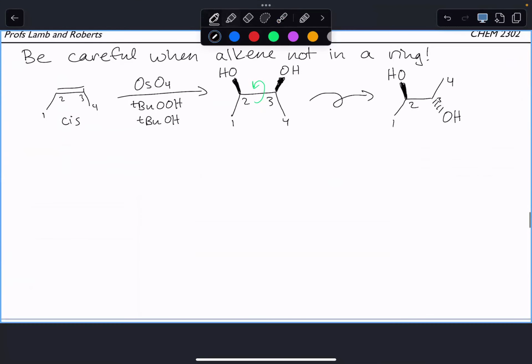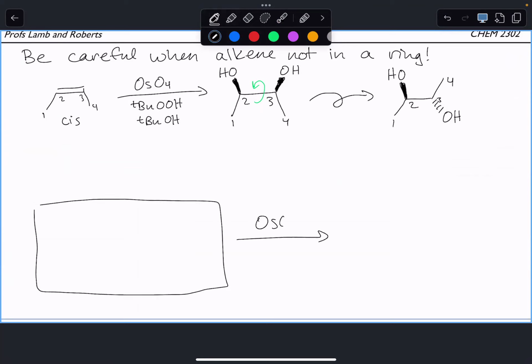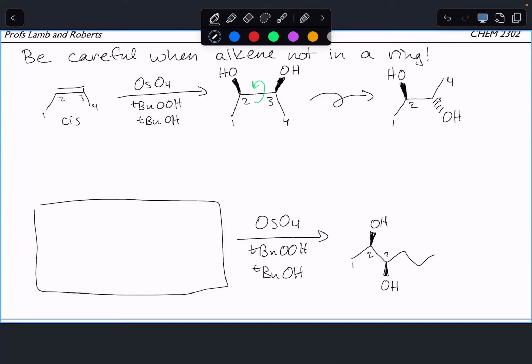So you were asked for the starting material, you were given the reagents, and you were given carbons 1, 2, 3, 4, 5, 6. Okay, so first thing I would do, number the carbons.